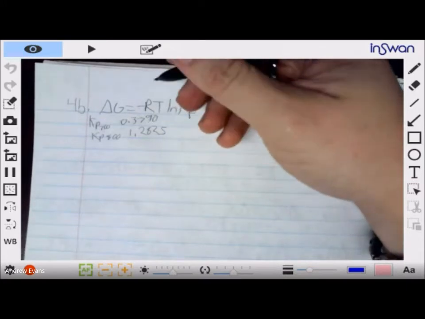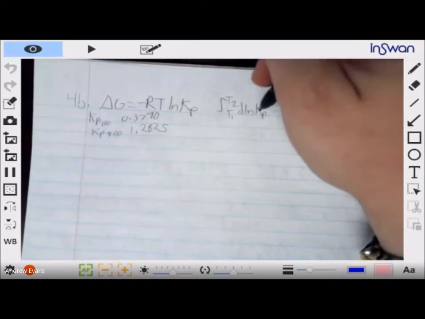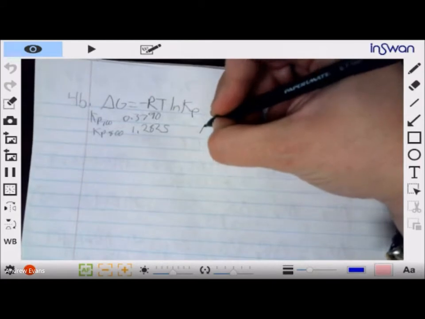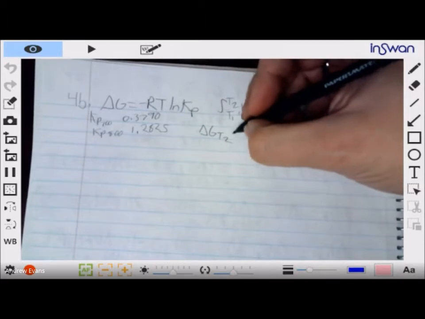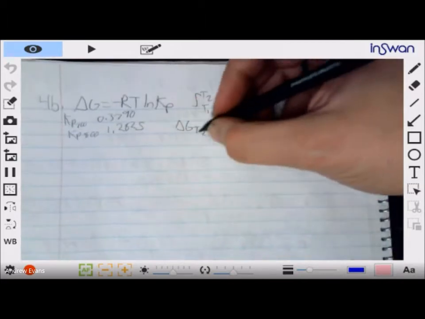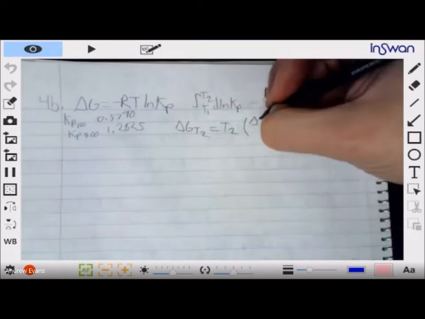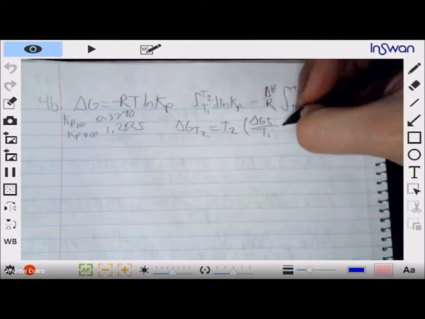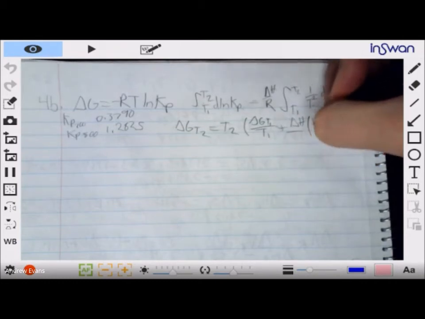So basically, using the two ln Kp's, we can find our delta H. And then, using our delta G at a T2, we can find our delta G at T1: delta G at T2 over T2 equals delta G at T1 over T1 plus delta H times 1 over T2 minus 1 over T1.